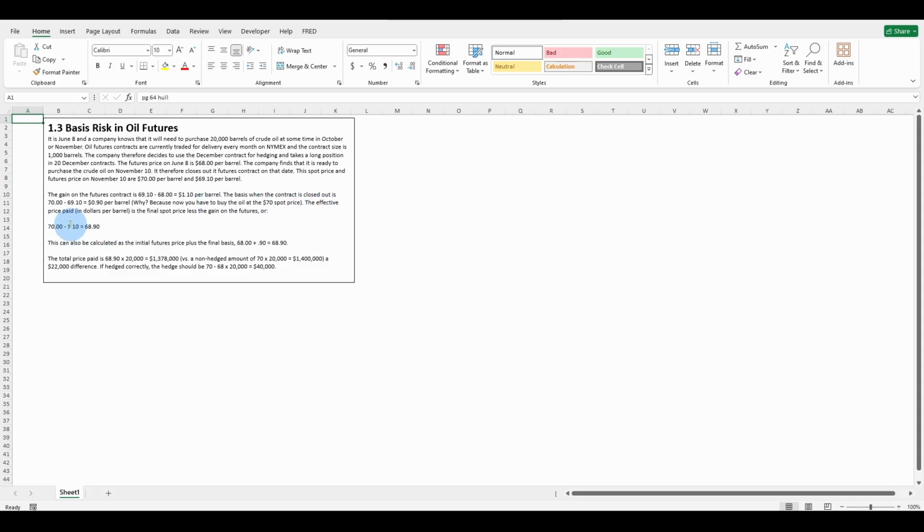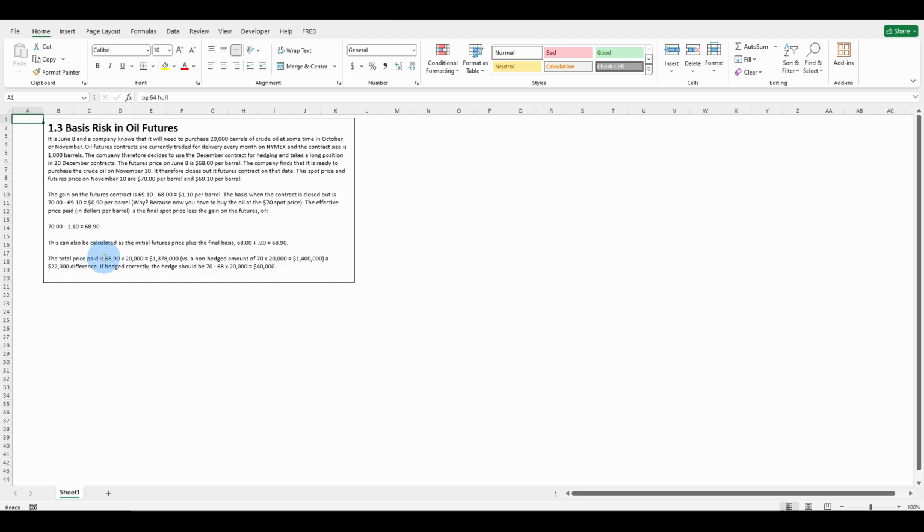The effective price paid in dollars per barrel is the final spot price less the gain on the futures, or 70 minus $1.10 equals $68.90. This can be calculated as the initial futures price plus the final basis, 68 plus 0.9 equals 68.90.